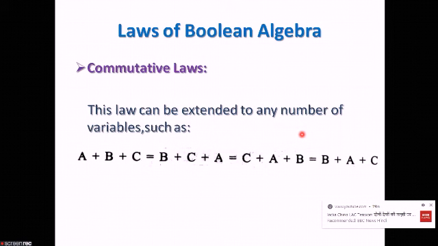As an example, A plus B plus C will be equal to B plus C plus A, equal to C plus A plus B, equal to B plus A plus C. We are just changing the positions of the variables. Wherever C moves, all the outputs will be the same.